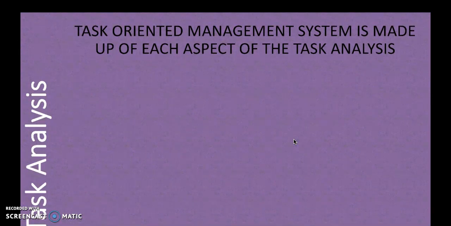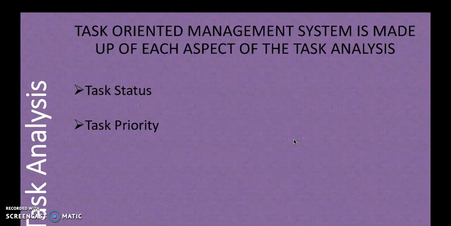The task-oriented management system is made up of each aspect of the task analysis. First, the task status. Second, the task priority. Third is the time allotted to complete the task analysis. Pros and cons. Pros: breaks down the job to its elementary stages.